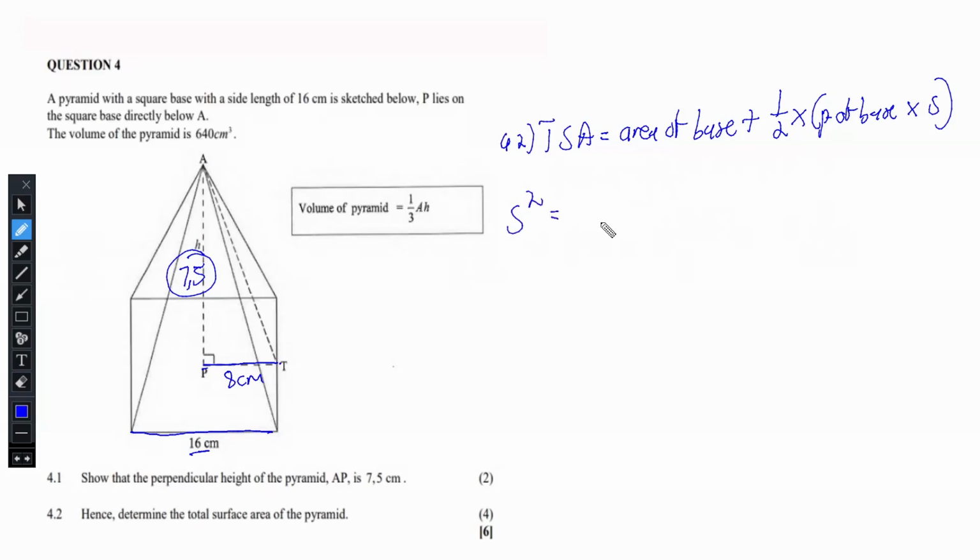So s squared is equal to 7.5 squared plus 8 squared. And as you know, you can just put that inside the square root, and it's going to give us 10.9658. Let's round off to 4 decimal places, centimeters.